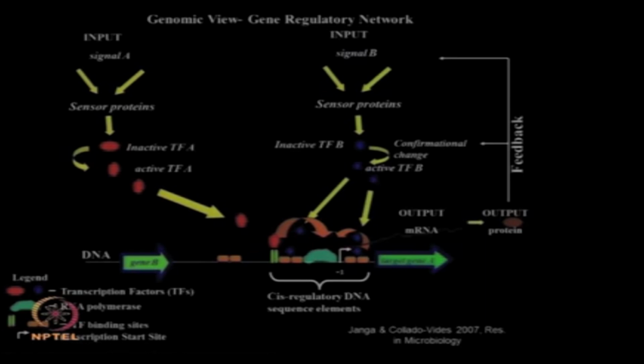The transcription factors, upon receiving these signals, can change from active to inactive or inactive to active state. And when this happens because of multiple sensor proteins, these transcription factors can change the conformation and bind to the upstream regions. Shown at the bottom is a stretch of DNA where these transcription factors can bind in a combinatorial fashion often and control the expression of the target gene or operon.